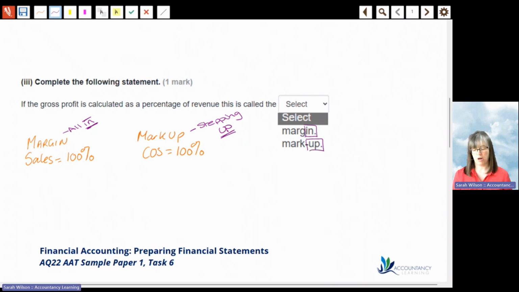So that would be your markup. That's a good way of remembering your markup. So going back to the question then, we're saying that the gross profit is calculated as a percentage of revenue. So we're basing it on revenue, which is our sales. So therefore, we are going to be using our margin.